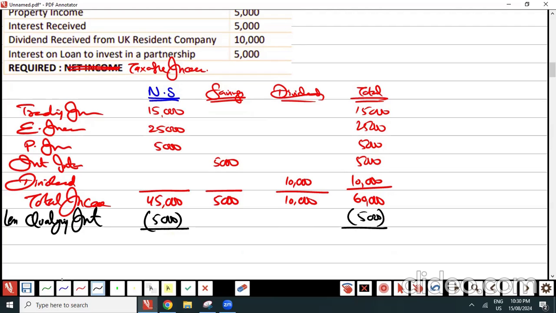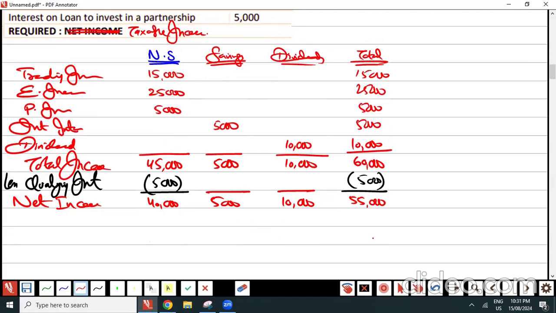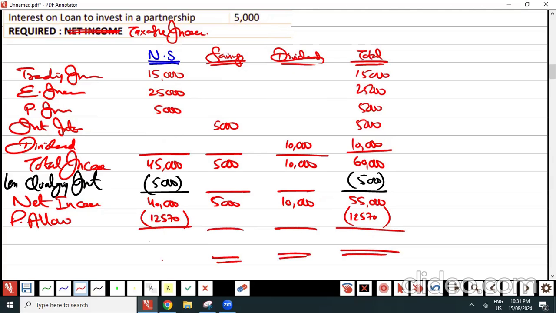And after that, we get net income: 40,000, then 5,000, 10,000, and then 55. Then less personal allowance, and it'll go from non-savings first. After net income, our brain will tell us 1, 2, 5, 7, 0. And finish. That is called taxable income.